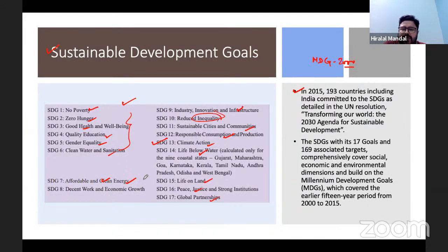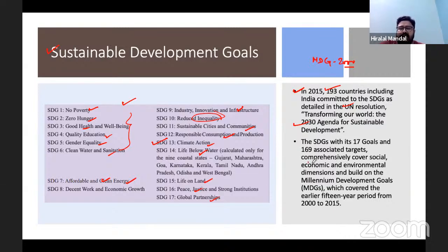So under the sustainable development goals, we can see it has emphasized the sustainability of the future in the country. In 2015, 193 countries came together and adopted the UN resolution for the next 15 years. So they adopted the agenda for sustainable development goals.